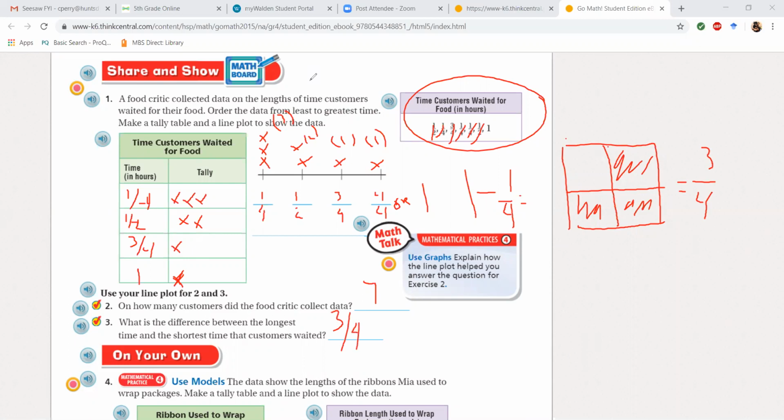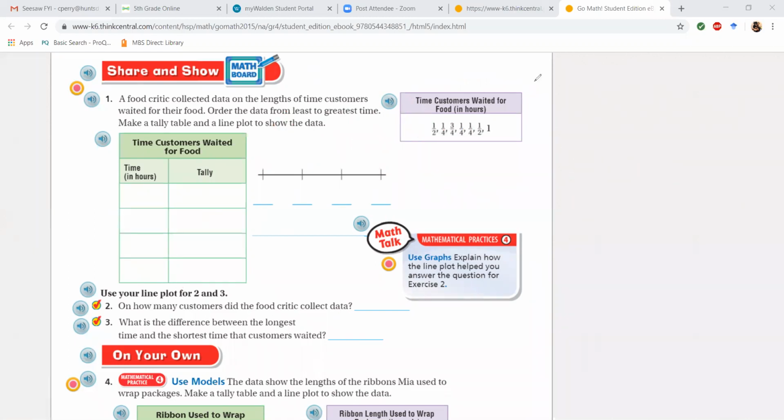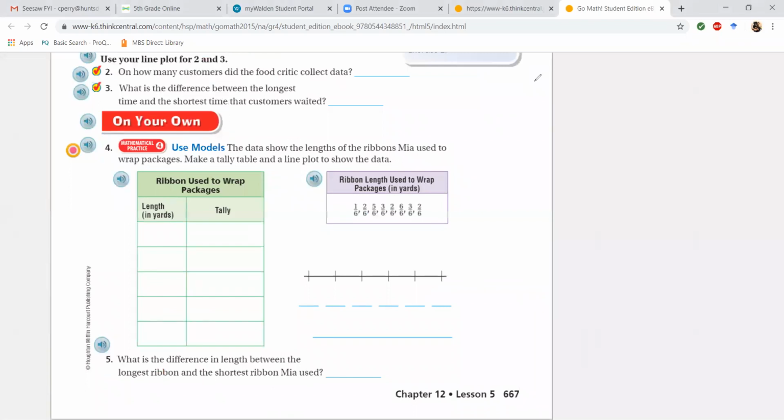Any questions on this problem? No? Okay. All right. Very good. All right, the next problem, this is where you are going to pause the video and try it on your own. Okay, I'll read you the problem.